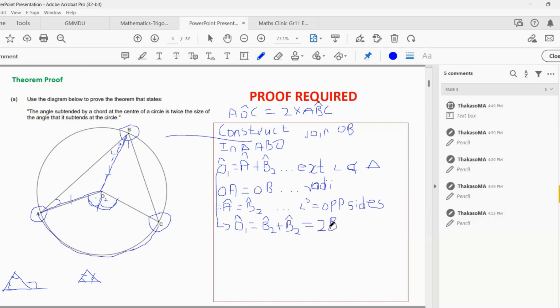And similarly, in the other triangle, we're going to do the same proof. Since we're going to follow exactly the same steps, there isn't a need to write them down. We can just say similarly. Similarly means that everything above applies. So O2, after following all those steps, will also be equal to 2B1.